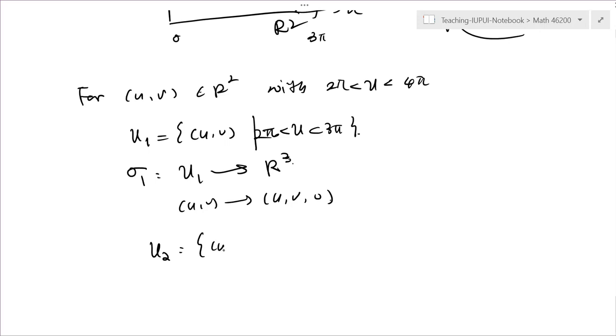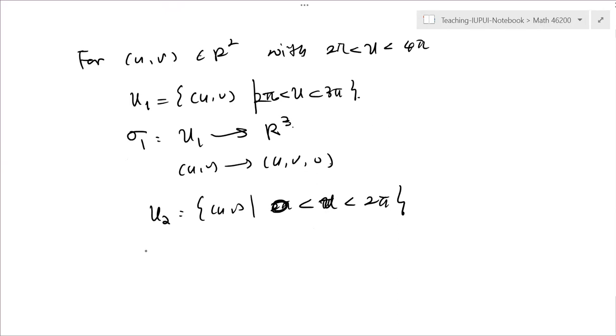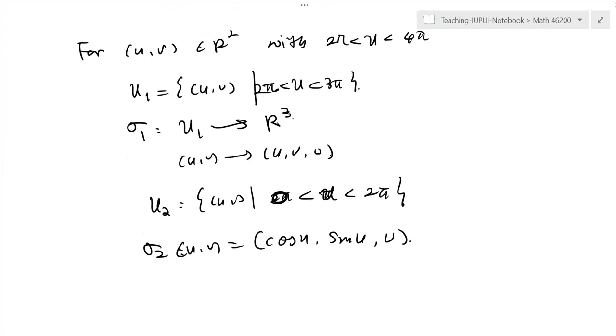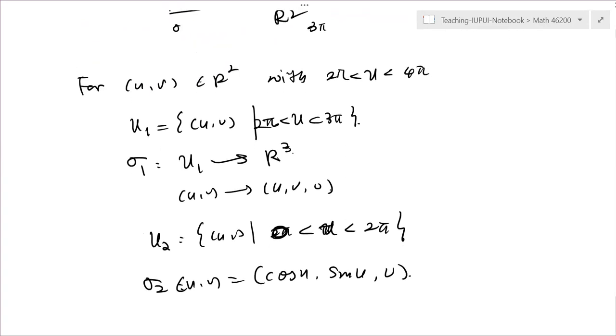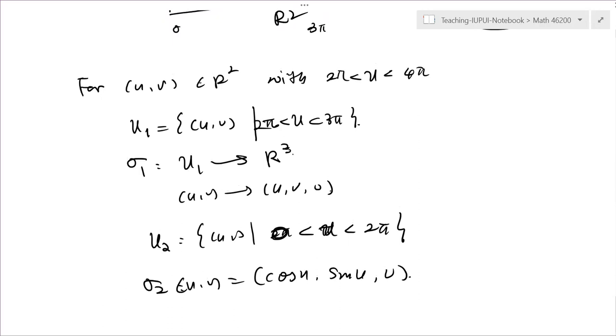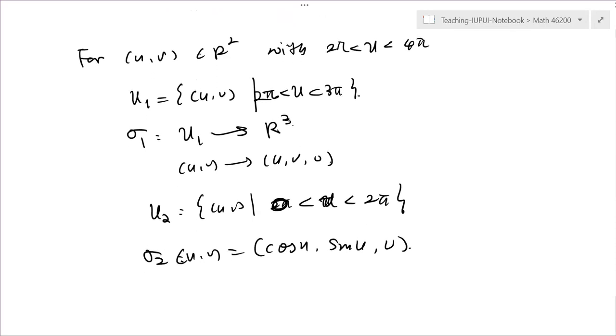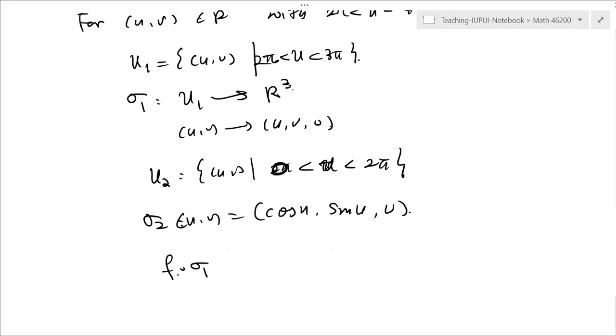So sigma 2 and UV still use 0 less than U less than 2 pi. Right. And sigma 2. So now, okay, F sigma 1.